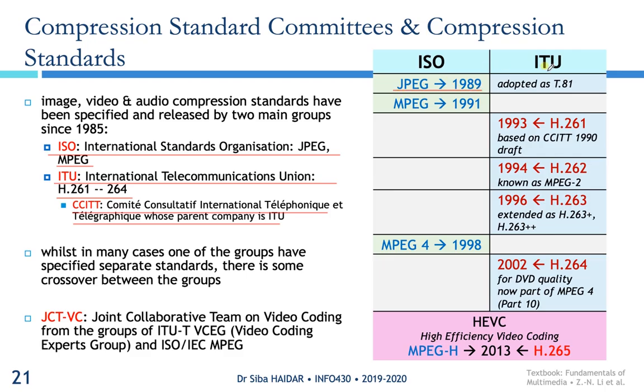The ITU likes the standard, so it adopts it and calls it T81. Then the ISO began working on the MPEG in 1991. H.261 was released in 1993 based on CCITT, which was released in 1990.